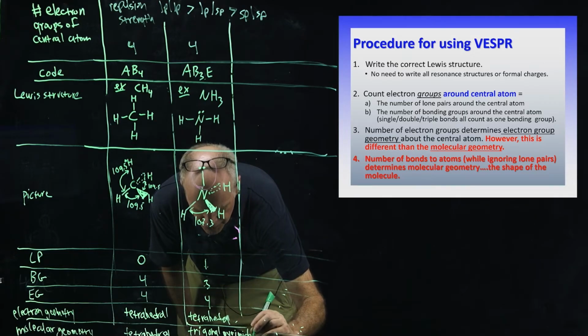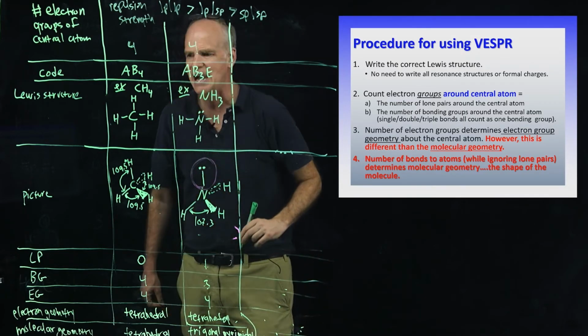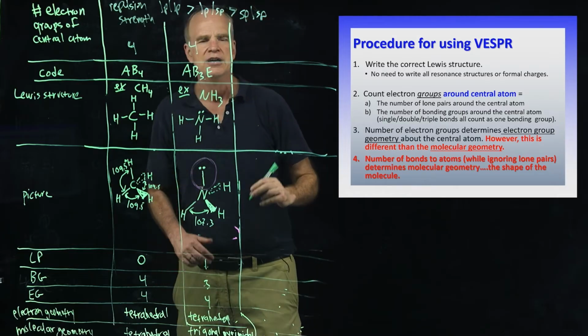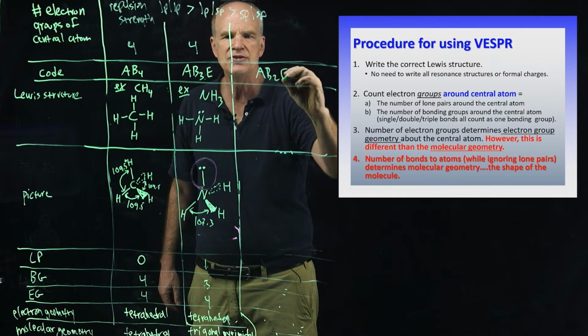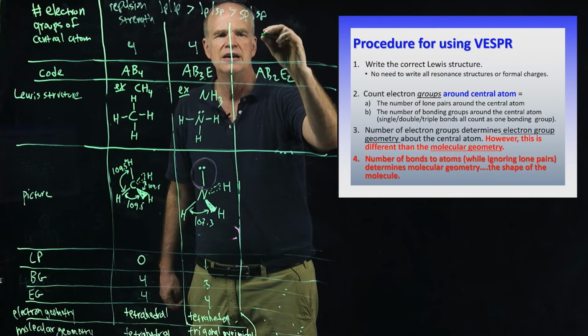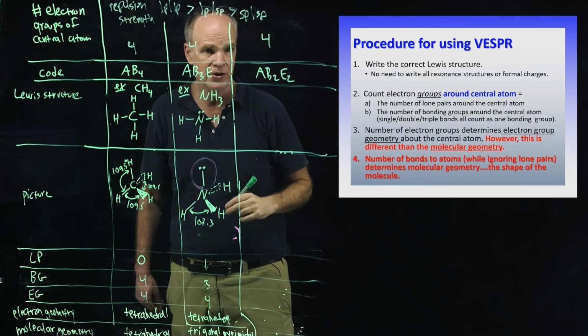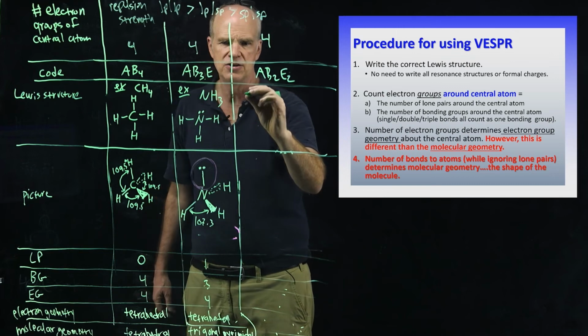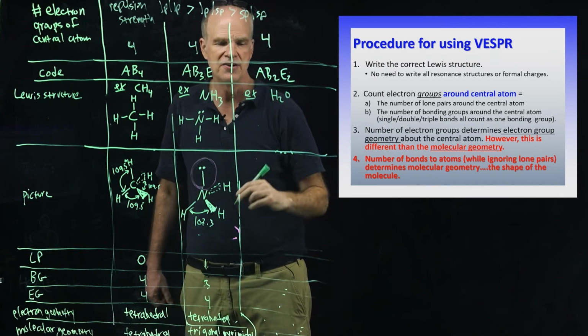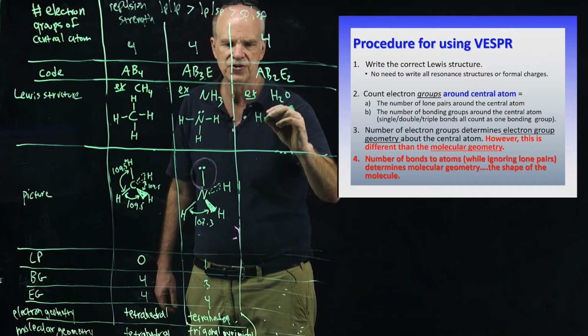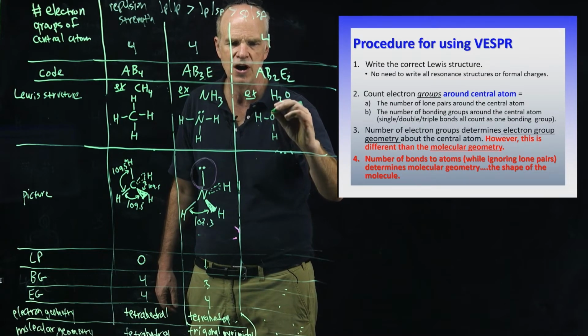Okay, so the last family I'm going to go over is the AB2E2 family. As you'll see, the central atom A will also have 4 electron groups around it. A good example of this is water. So let's draw the Lewis structure of water. Here it is, good old water.